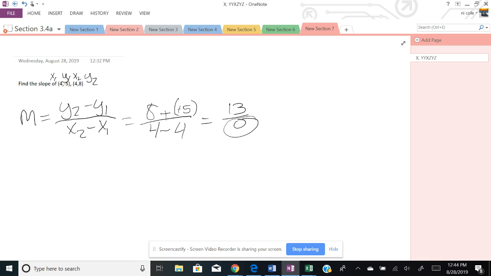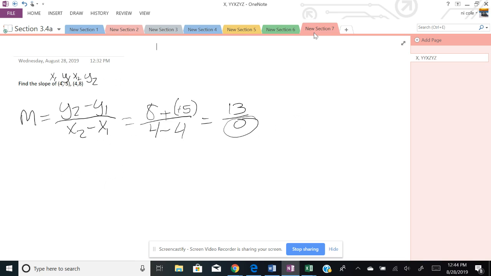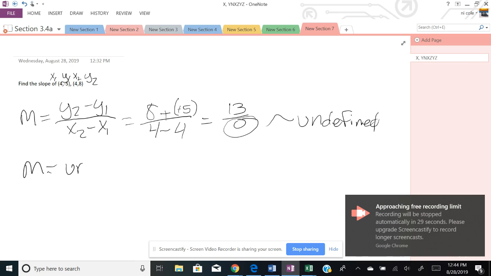This 0, you can never ever have a 0 in the denominator. Rules of fractions say no zeros in the denominator. Therefore, this means the slope is undefined. So you can answer that the slope is undefined.